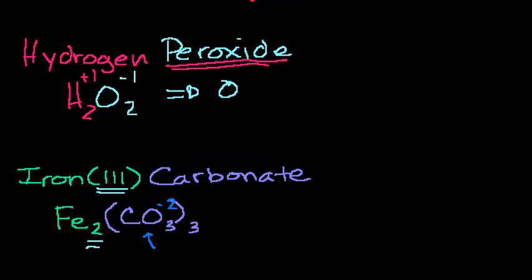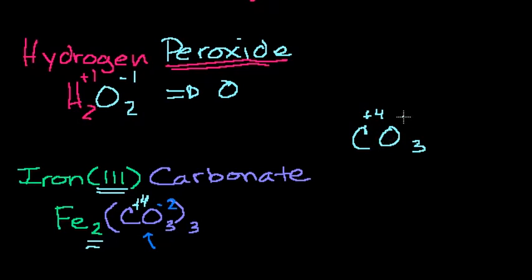So let's go back to the carbonate. So the carbon can at most give away its 4 valence electrons. So what will be the net oxidation number for the carbonate molecule, for the CO3? So this is a +4 oxidation, because it only has 4 to give away. If it's bonding with oxygen, it's going to give them away.